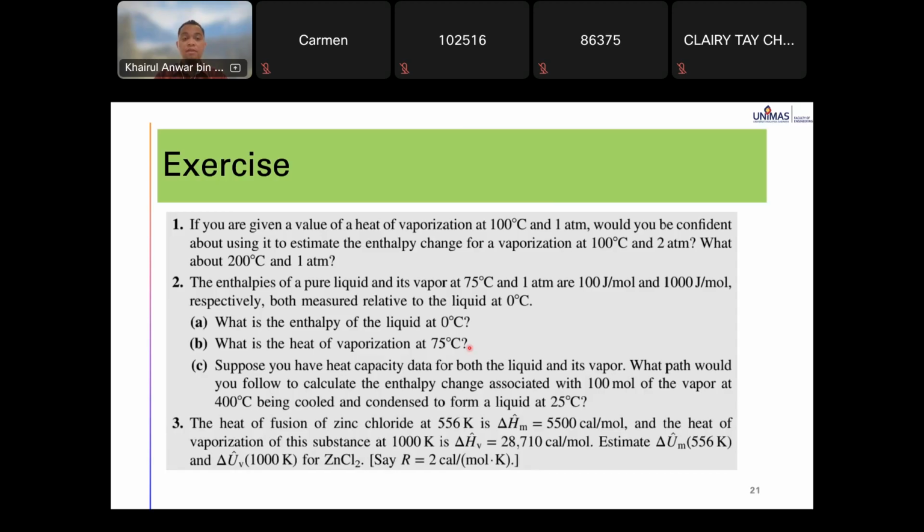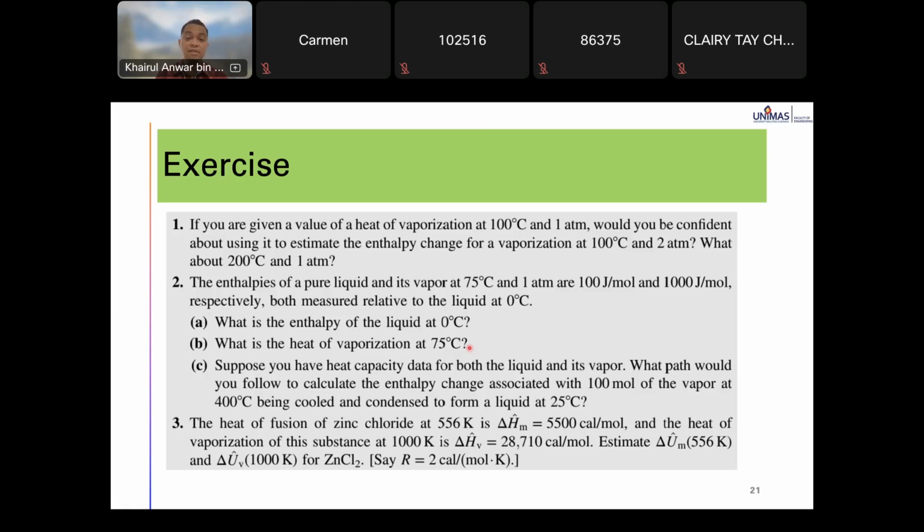If you are given a value of heat of evaporation at 100 degrees C and 1 atm, would you be confident about using it to estimate the enthalpy change for vaporization at 100 degrees C and 2 atm? What about 200 degrees C and 1 atm? For the first, 100 degrees C and 2 atm, yes, confident, because changes in pressure are normally negligible.